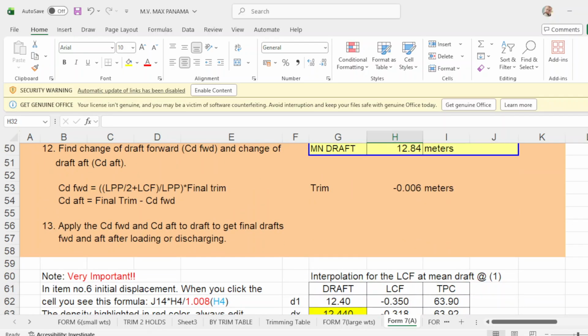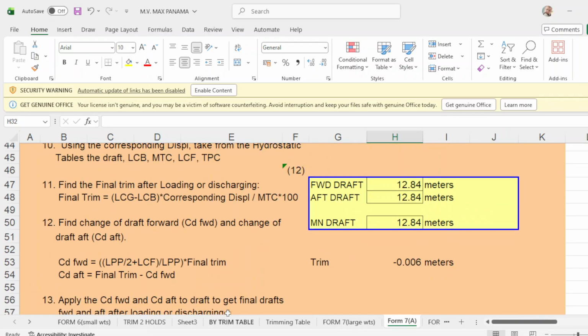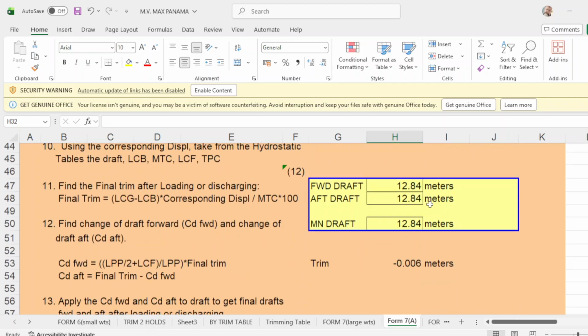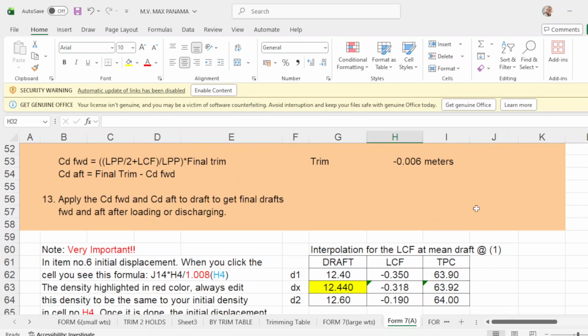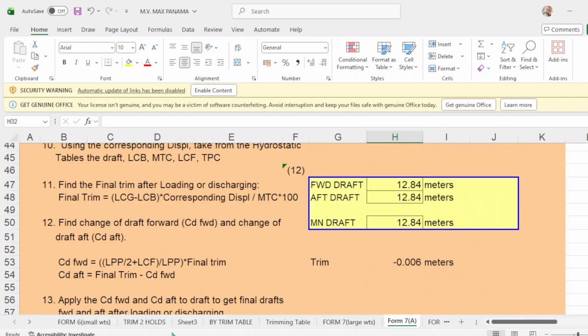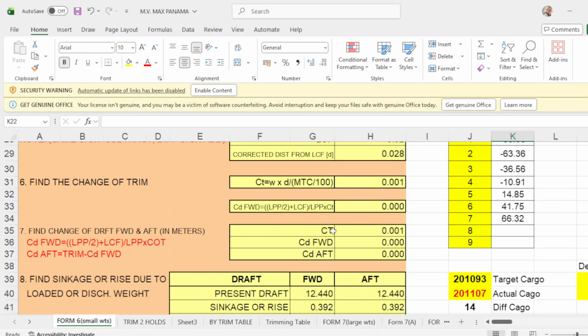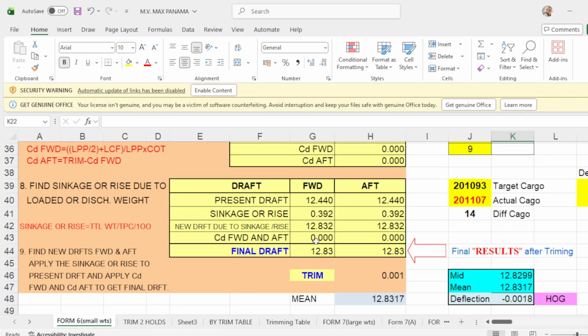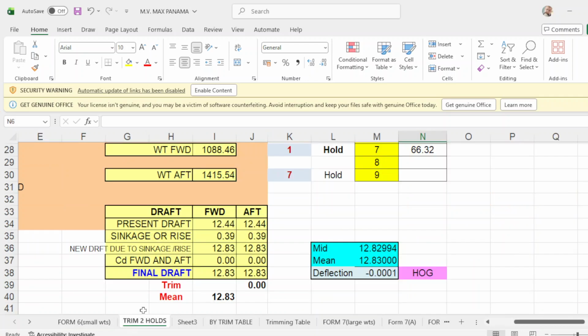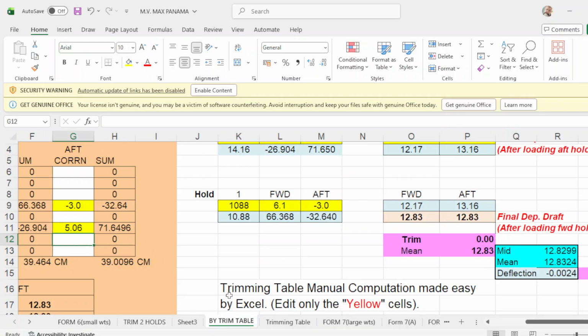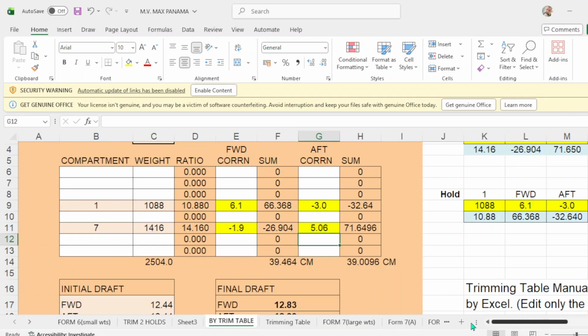Okay, and so this is a little difference because it's only the computation of the mathematical equation, but as you see, the actual draft forward and aft is 12.83 in form 6. Trim holds 2 is 12.83, and your trim table is 12.83.